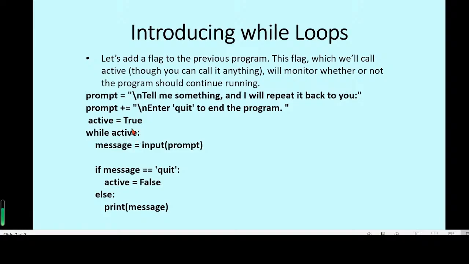If the active's value is not true, then the condition will not be true. So the while loop starts with while active. The user will input a message. If the message equals quit, then we'll set active to false. If the message is not quit, then we will print this message, then run the while loop again. Until the user inputs quit, we set active to false, and then the while loop will stop.